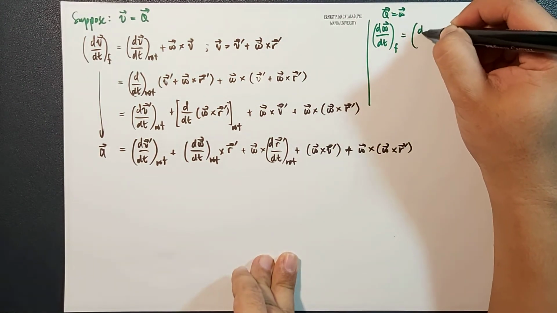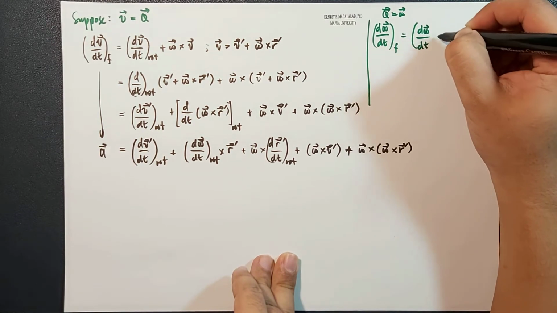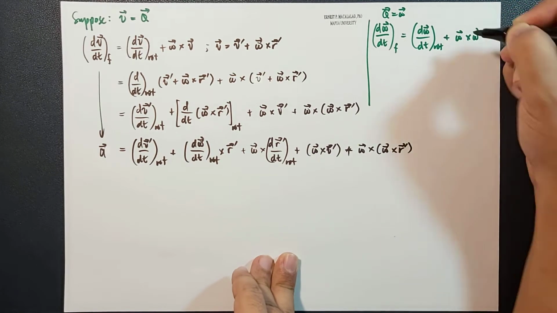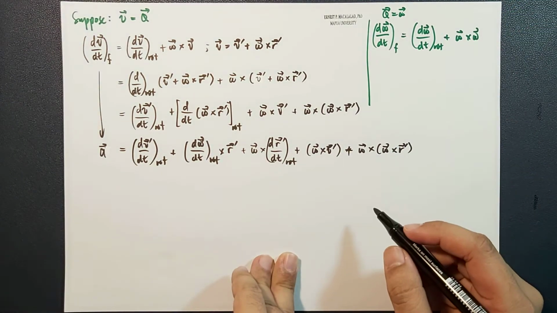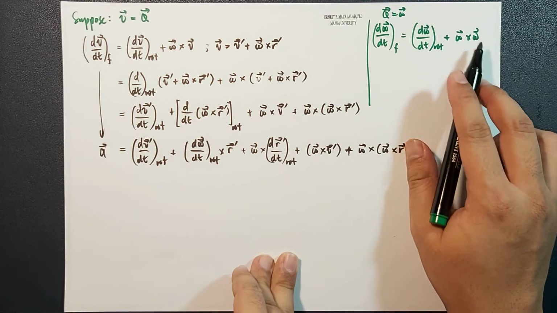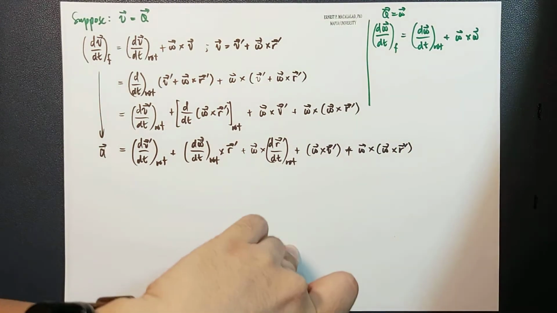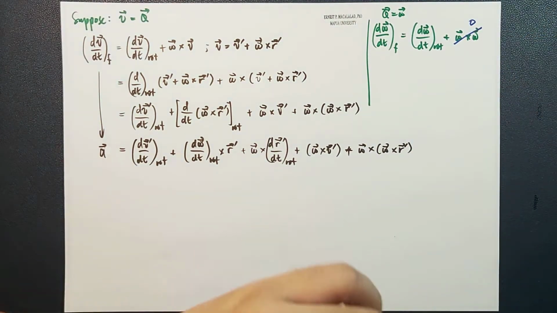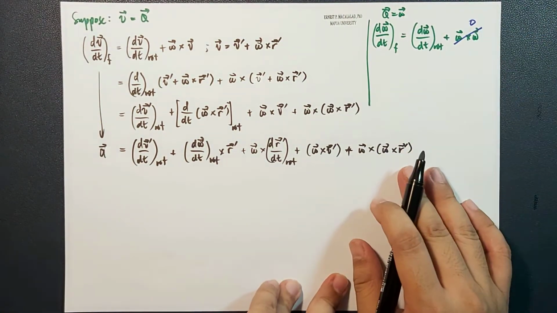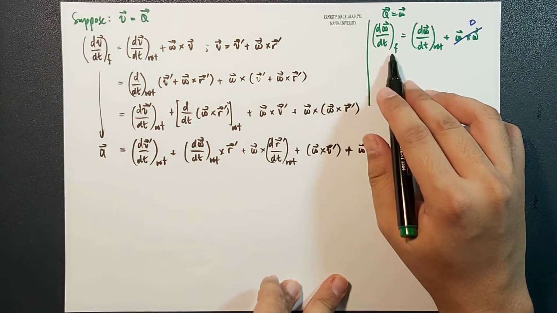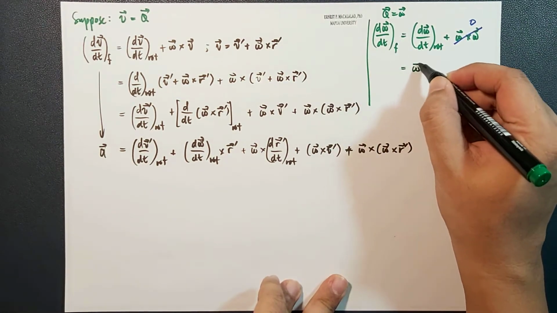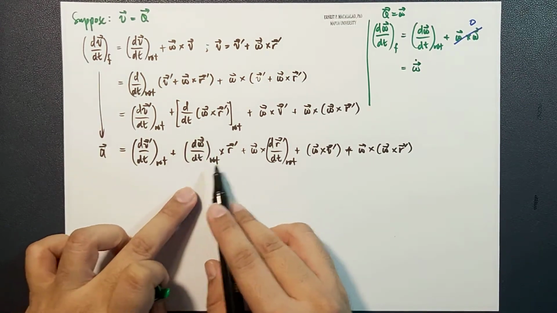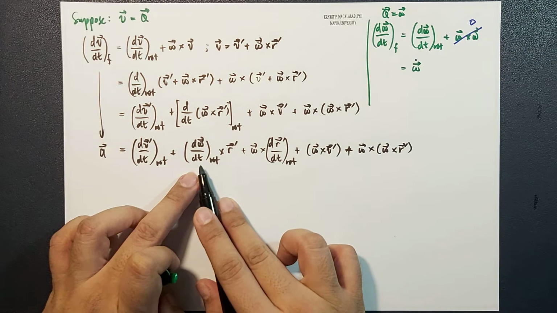This is equal to the derivative of omega with respect to time in the rotating frame plus omega cross omega. Okay, so we take the cross product of a vector with itself. This is what? Correct, this is 0. So this means that this is equal to omega dot. So this term is just the time derivative of omega.